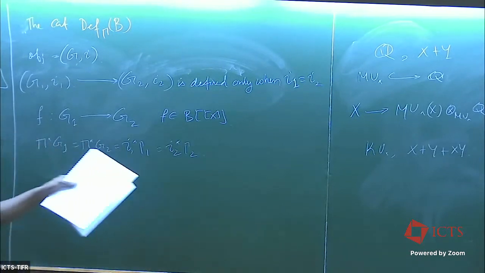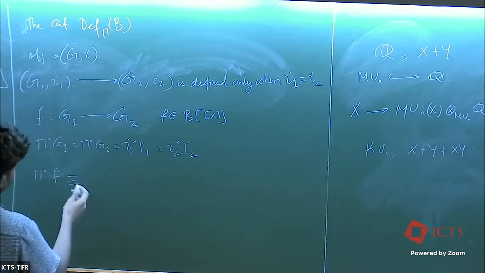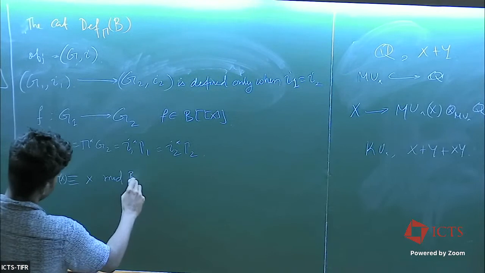These are all the same, and this f, pi star f, gives a morphism of this guy. So this is the unit map. Pi star of f(x) should be x mod m_B.